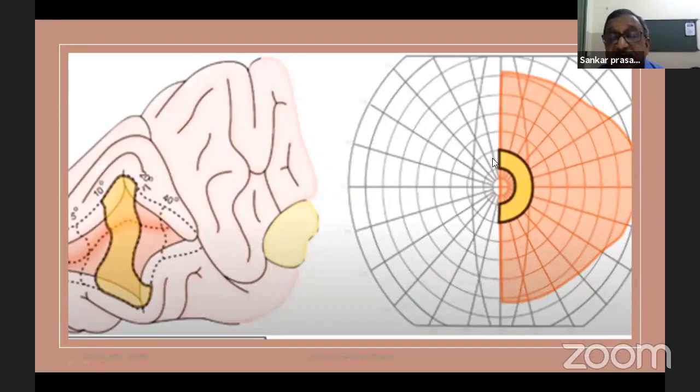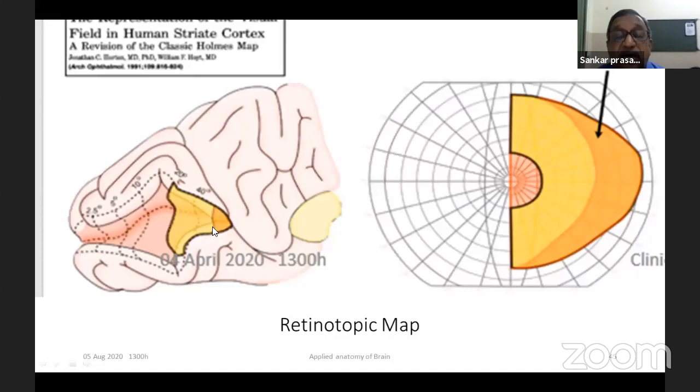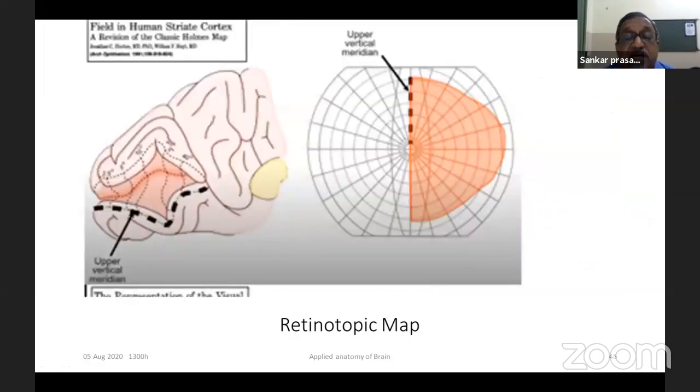As you see, the next field of vision occupies this much, and the next is occupying only this much, and there is a small area which is unilateral, ipsilateral. This is called the monocular crescent, and if there is a monocular crescent, that means it is a cortical infarction.